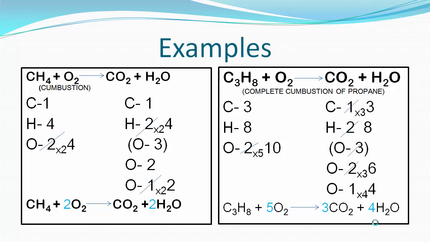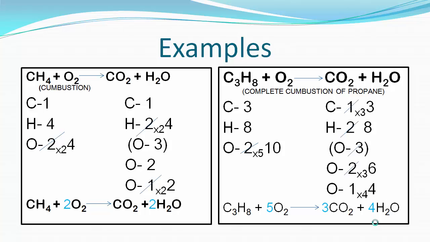So 2 times what equals 8? 2 times 4. So I put a 4 before H2O, and now I have 4 times 2 is 8, so now my hydrogens are equal. But the 4 also affects my oxygen. So 4 times 1, because there's only 1 oxygen on that side, equals 4. So now I add my oxygens together, and I get 6 plus 4 is 10.